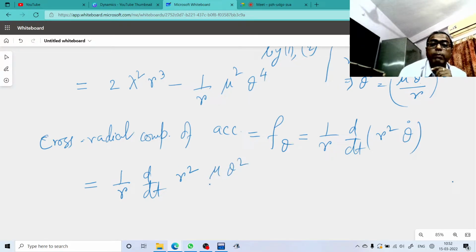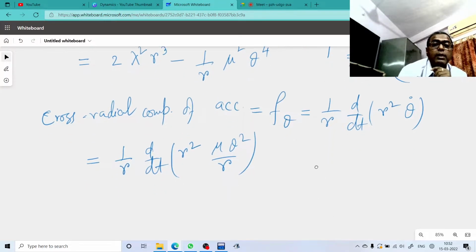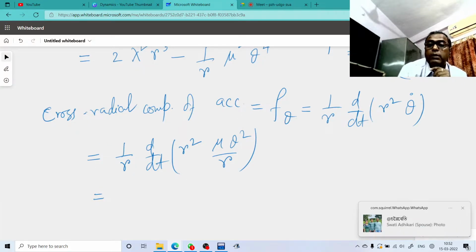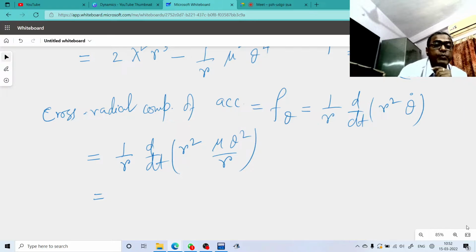The r cancels, so r mu theta square. After differentiation with respect to time t, mu is constant, so mu by r times the derivative: r dot into theta square plus twice r theta into theta dot.